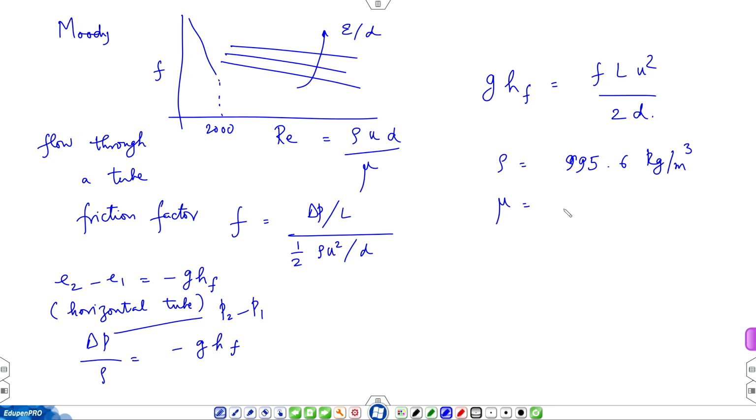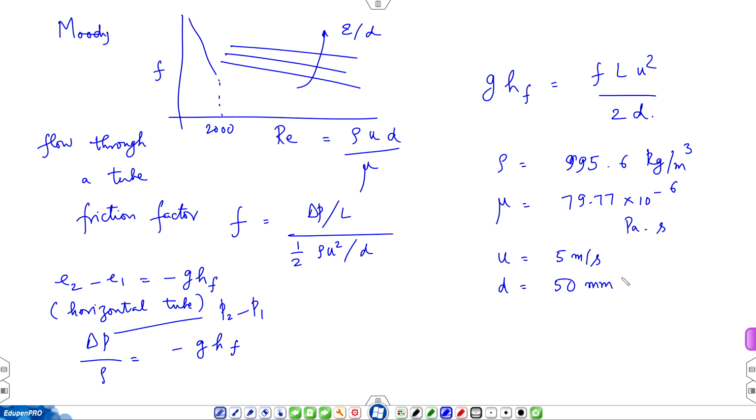mu is 79.77 times 10 raised to minus 6 units of Pascal second. Let us say velocity is 5 meters per second. Let us say diameter is 50 mm. Naturally, you have to use consistent units.